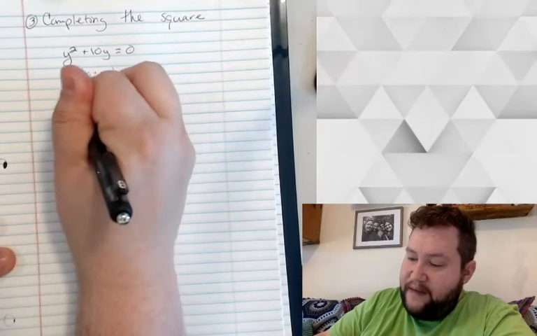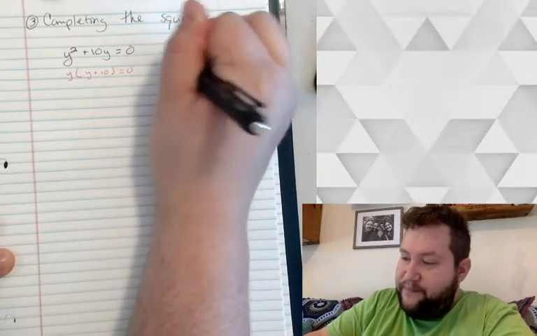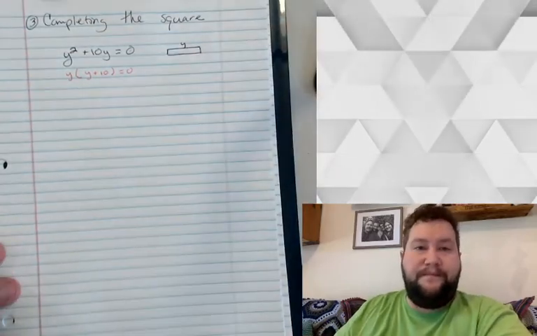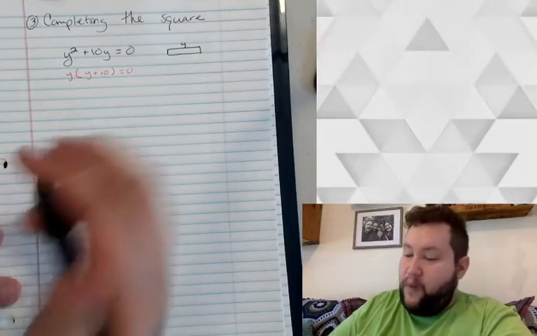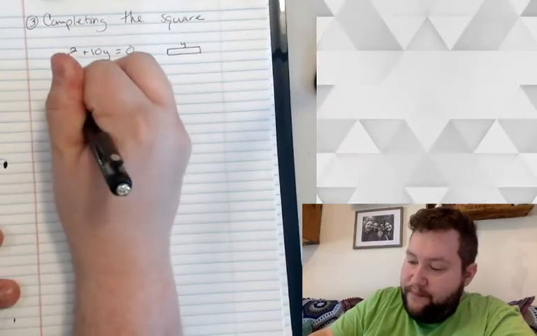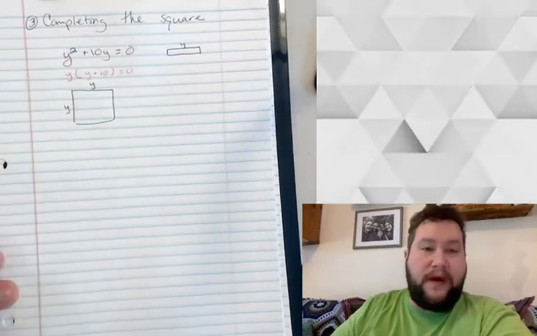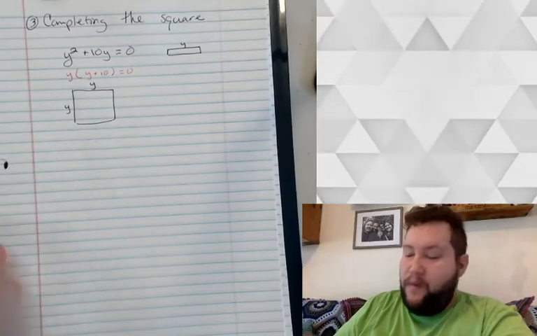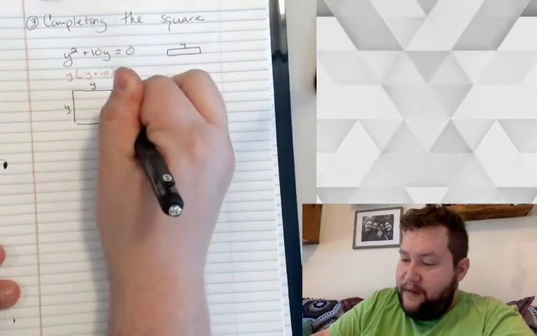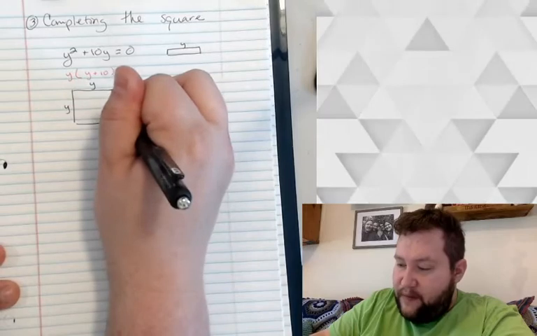So let's say that this length is y. So we have y squared. So we have a y and a y. And then 10y, well, we can think about putting, if this is 1 unit wide, and this is still y, right?